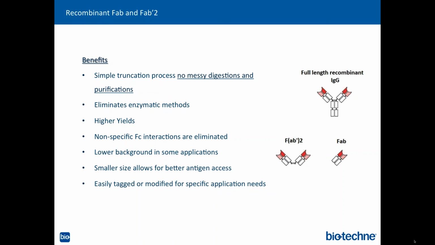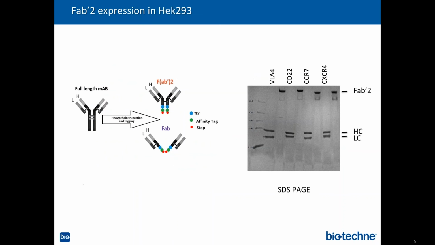Going from an IgG to an FAB'2 or an FAB will eliminate non-specific Fc interactions with receptors and whole cells especially. So I show you some examples where this leads to lower background. In addition, you can add tags to these for easier detection in any application downstream.